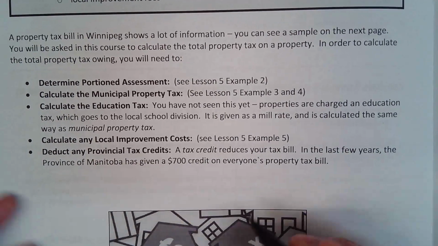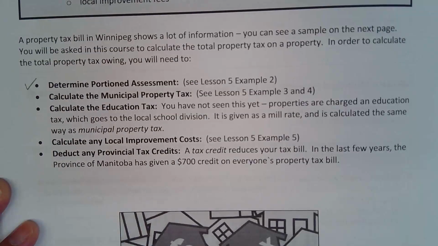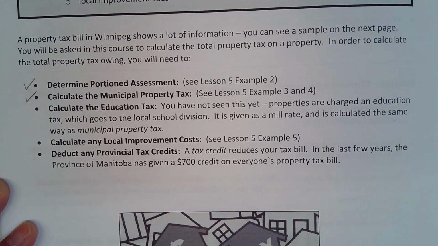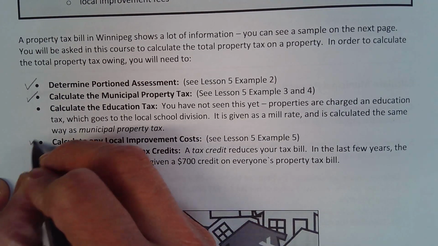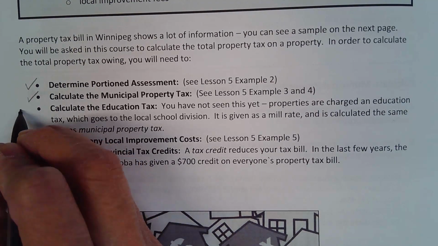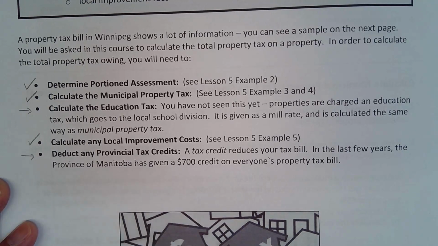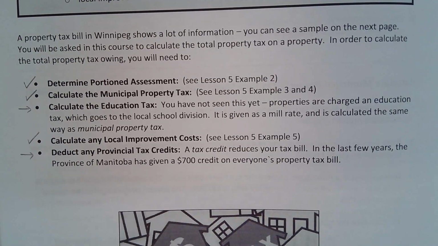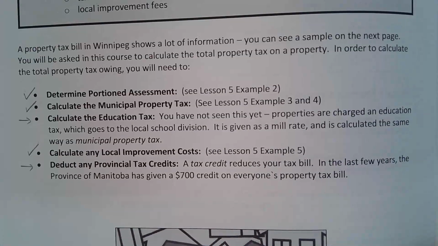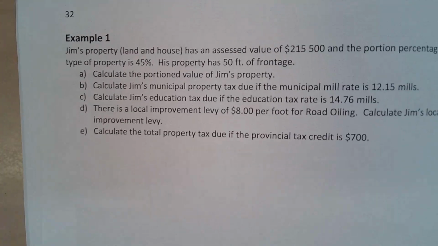We've already done the municipal tax and the local improvement. These are the only two things that we haven't done really, to put it all together. So we'll do probably one example and then we'll go on from here.